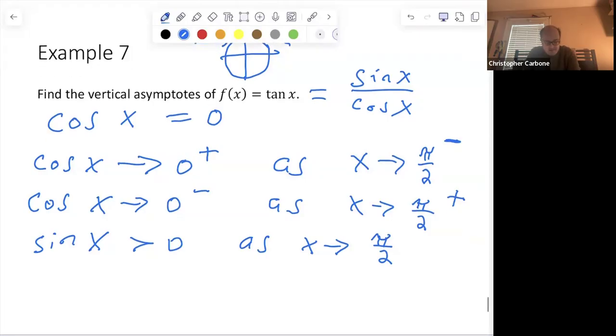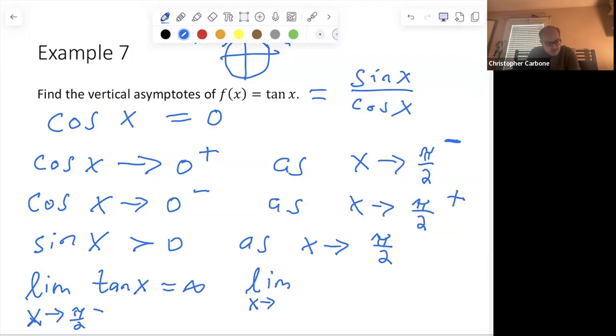So because of all this, the limit as x approaches pi halves from the left of the tangent of x is equal to infinity, and the limit as x approaches pi halves from the right of the tangent of x is going to be equal to negative infinity in this case.